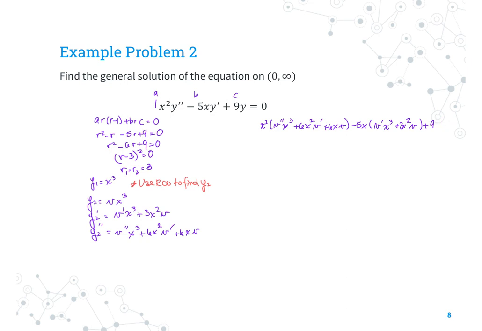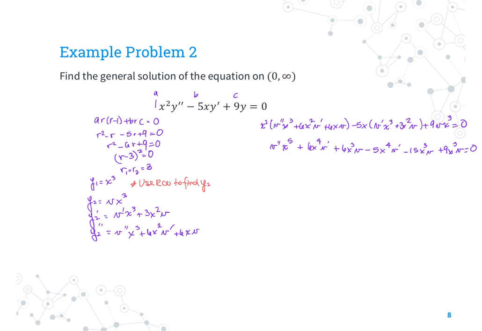Let's include that v: 9vx cubed. There we go. Can't forget the v. So when we multiply things through, we get v double prime times x to the 5th plus 6x to the 4th v prime plus 6x cubed v minus 5x to the 4th v prime minus 15x cubed v and plus 9x cubed v.